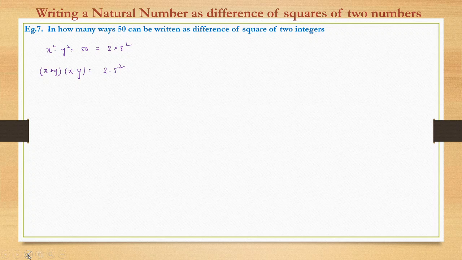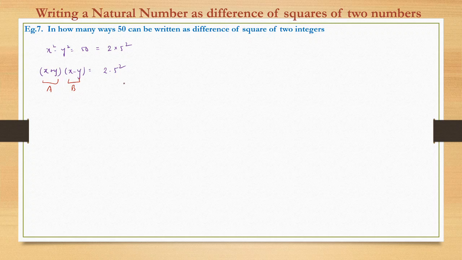So this is same as writing 2 into 5 square, and x plus y, a and b can both be integers, because x and y are integers. So an integer plus integer and integer minus integer both will be integers.